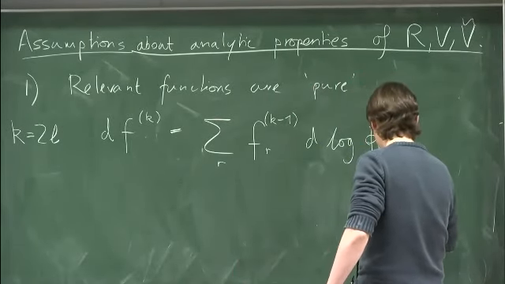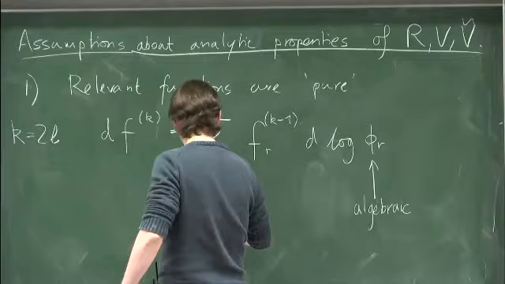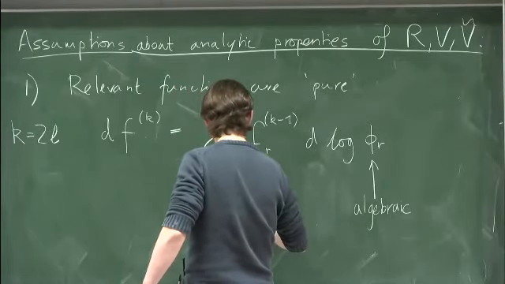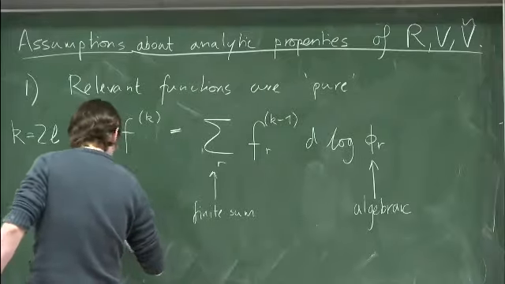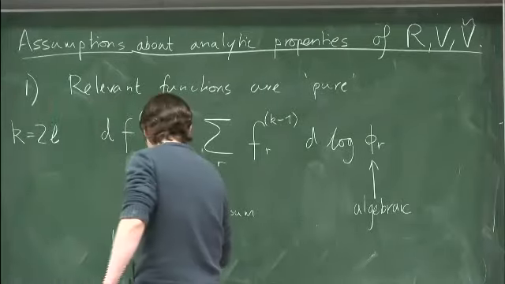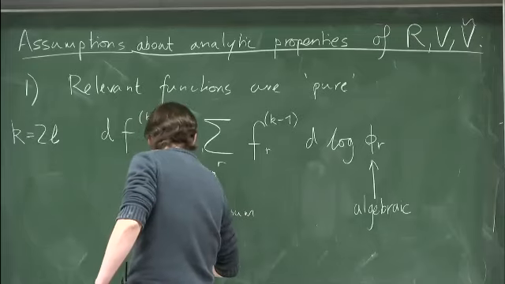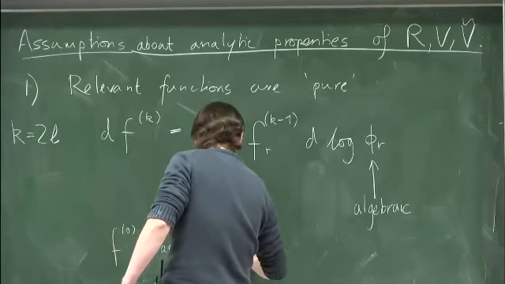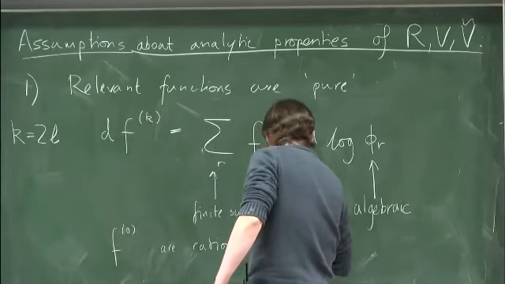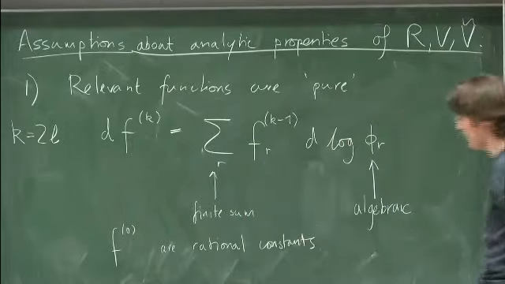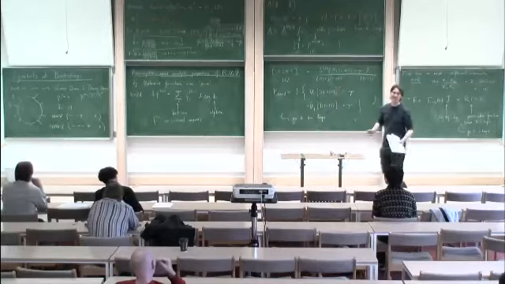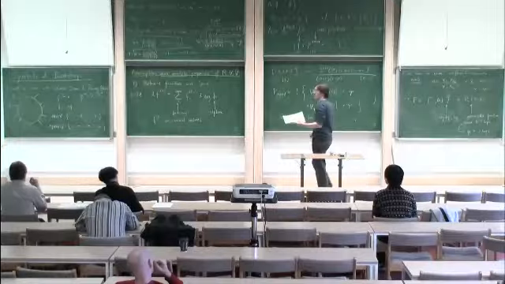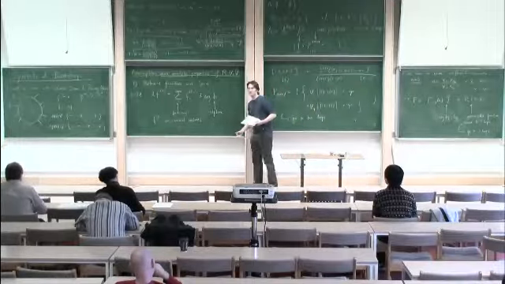So phi is algebraic, the sum is finite, and since this is a recursive definition, I should say that the only function of degree 0 is a rational constant. In particular, it then follows that the only functions of degree 1 are logarithms of some algebraic function. And the only functions of degree 2 are products of logarithms or the dilogarithm of some algebraic function.